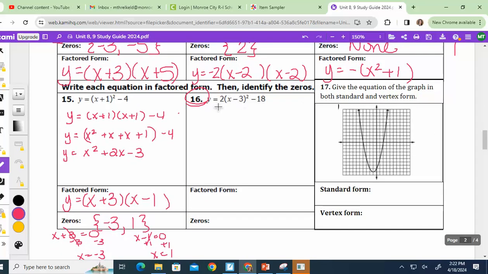If I wanted you to factor this, first we have to multiply it all out. What would we do with the x minus 3 squared? What does that mean? Twice. Okay, so we have to FOIL. So that gives me x squared minus 3x minus 3x plus 9.